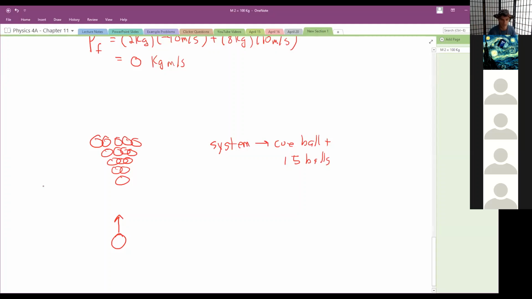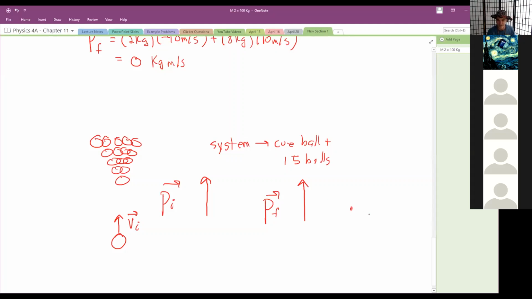So if I define my system as the cue ball plus the 15 balls, after you hit the cue ball, now it has some momentum. It's moving, let's say, straight up. After the break, what I'm going to have is the 16 balls all moving in different directions. But if my initial momentum of the system points straight up, then that means my final momentum still has to be in the exact same direction.